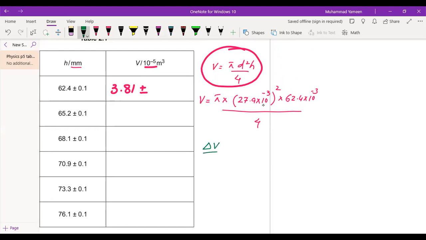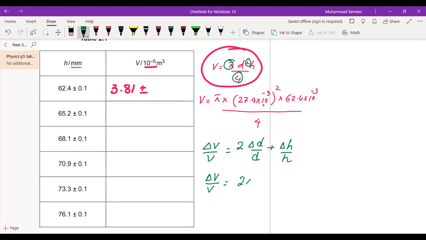So delta V over V would be, this pi and 4 will have no effect on the fractional error. So that is 2 times delta D over D, that 2 is coming from here, plus delta H over H. This is how you calculate your fractional error. So at the end, first you will calculate delta V over V, and then you will multiply with V to calculate delta V.